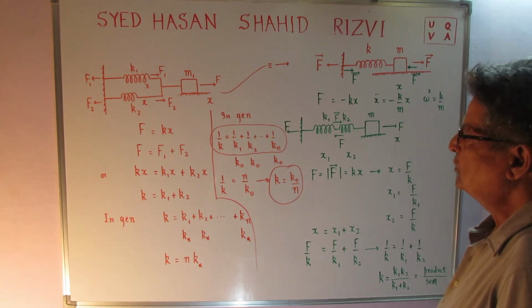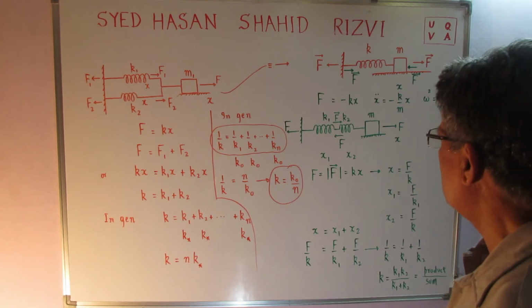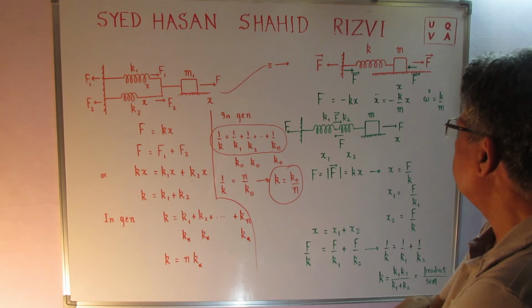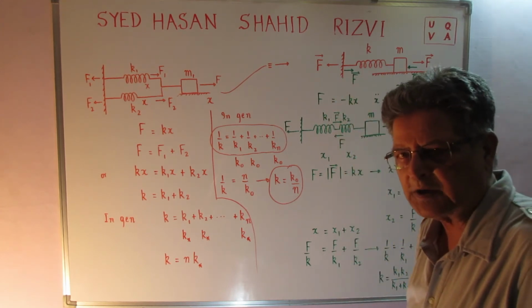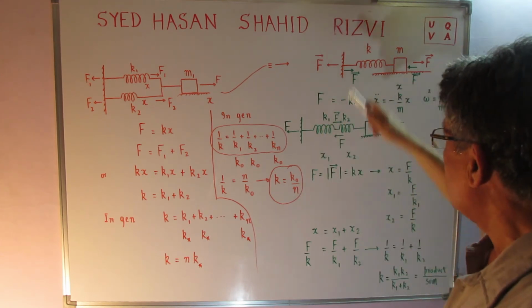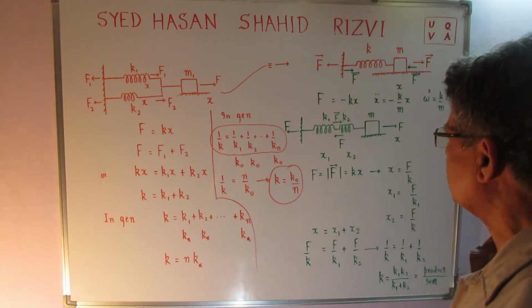Now what I'm going to put before you is the combination of springs. All springs are always taken as massless, and all these bodies are taken as rigid bodies to which the springs are attached.